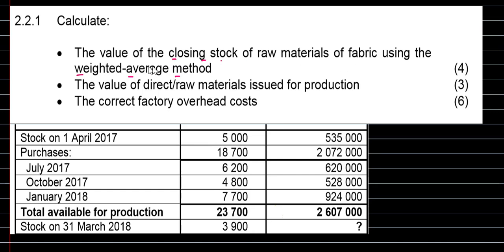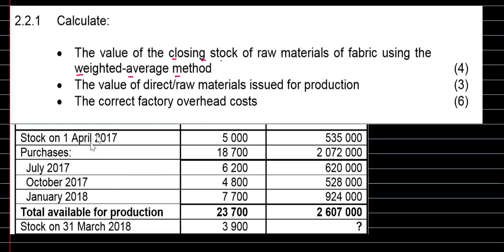Another one, for 4 marks, is the value of direct raw materials issued for production, and we're going to use the same information. Then we're asked to calculate the correct factory overhead cost, for 6 marks. So here is the data that we need to do all of the above.